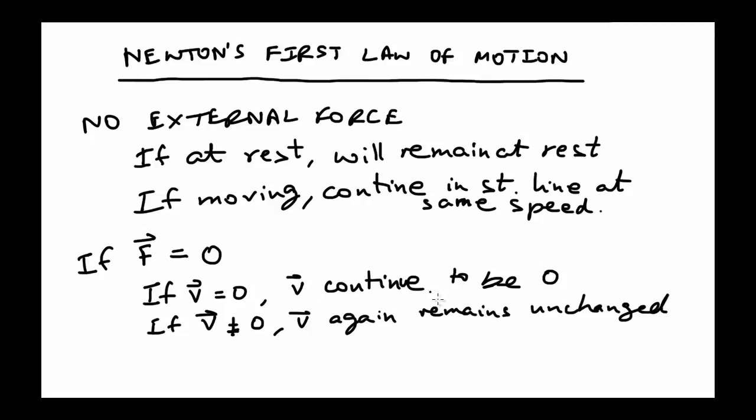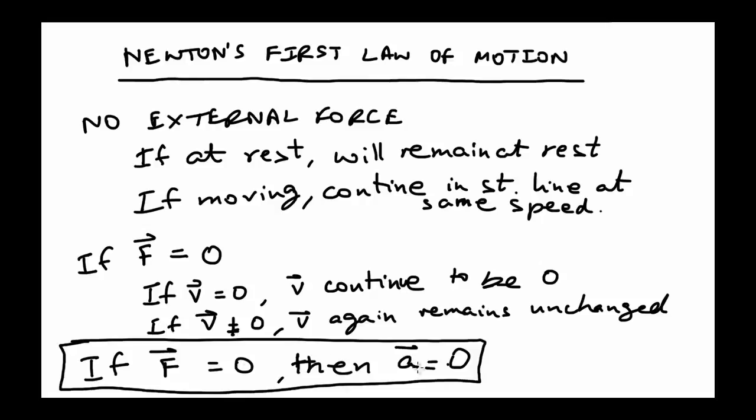And we know that the change in velocity is called acceleration. So in equation form, we can simply write Newton's first law as: if force is zero, then acceleration is zero, which means that if it was at rest, it remains at rest, and if it was moving, it continues moving in a straight line with no change in speed.